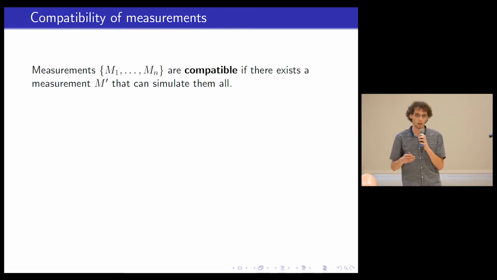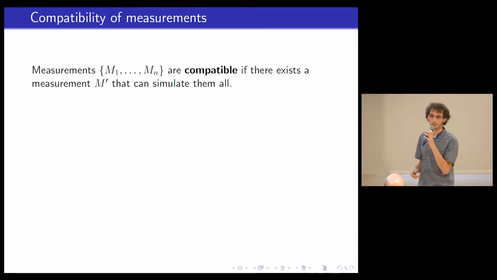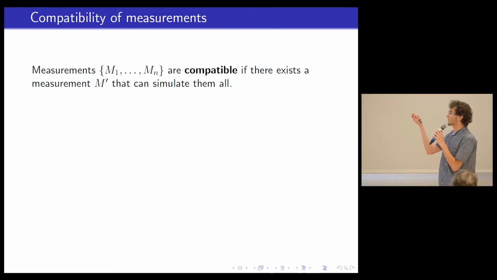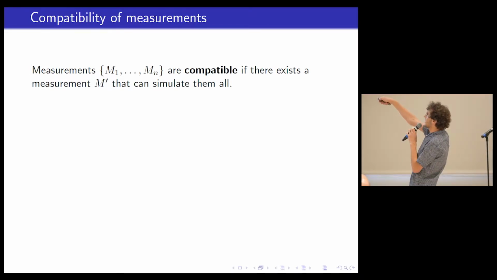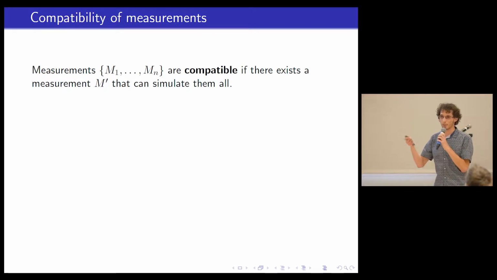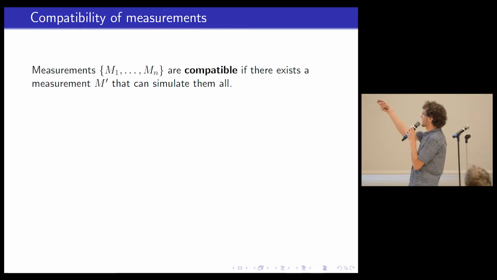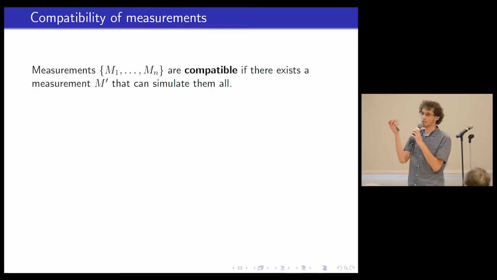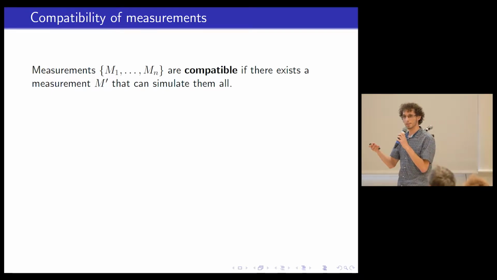First of all, I want to define what I mean by compatible measurements, because that is a notion that will feature in the statement of Specker's principle. And if you've been to Andreas Blum's talk, then you would have seen this. I'll try to be brief. The measurements M1 through Mn, we will say that they are compatible or jointly measurable if there is some single measurement M prime which can simulate these measurements.